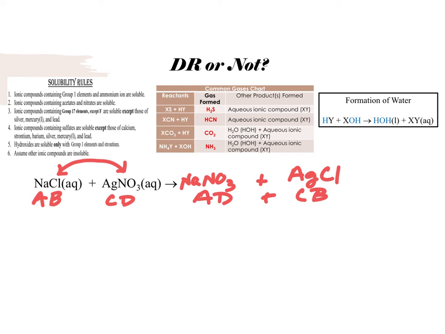We're always starting with 2 aqueous solutions, and now we're going to look, definitely there's no water here. I don't recognize any of the reactants from the common gas chart. So for this one, I would want to focus on the solubility rules. I can see from rule 1 that this first compound is aqueous because it's got a group 1 element.